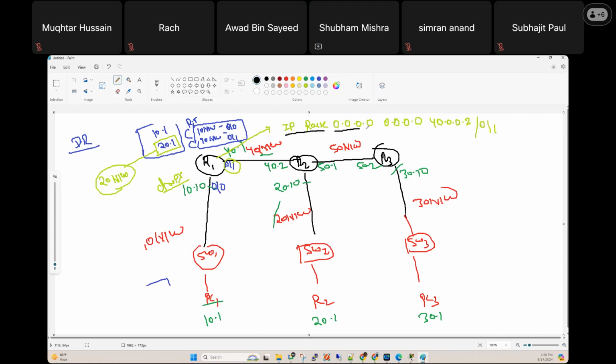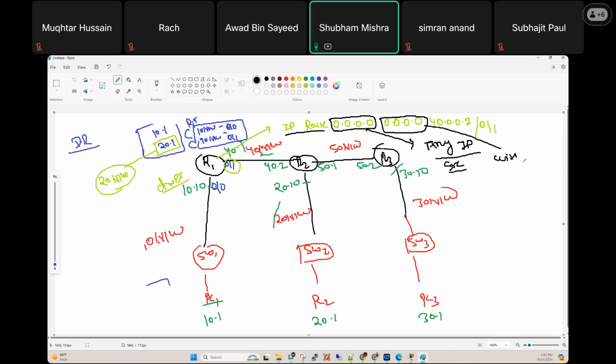Here I write 0.0.0.0, which means any source IP, any IP, with any subnet mask. What is this? This is called the next hop IP.